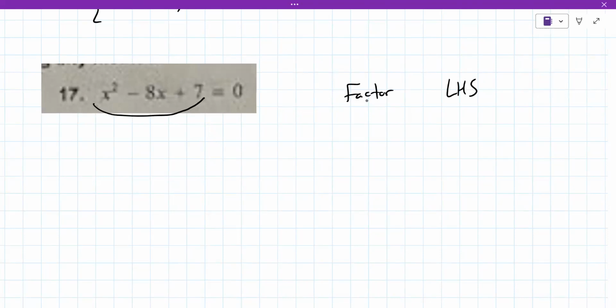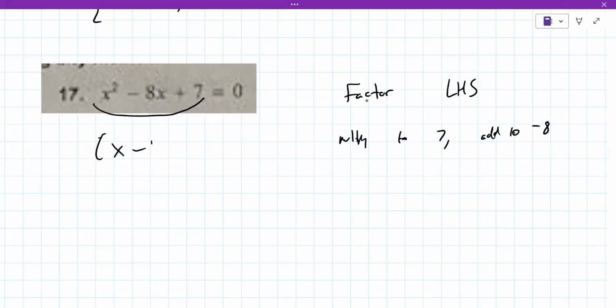You're trying to find two numbers that multiply to 7, but then add to -8. -1 and -7.